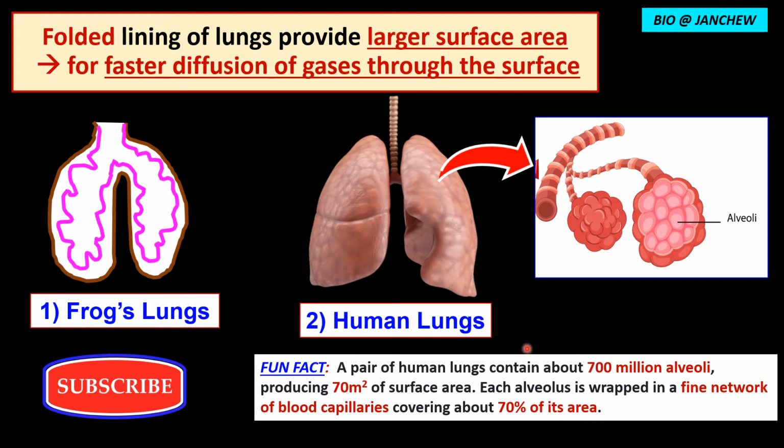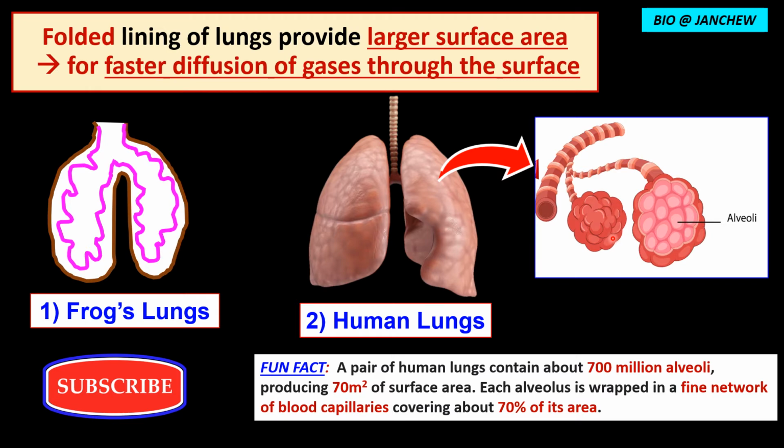Now, humans are more advanced than frogs, so their respiratory structures are more complex, and we have to be thankful that we have these alveoli, which are tiny air sacs grouped together like bundles of grapes. And do you know that a pair of human lungs contains about 700 million alveoli, producing 70 meters squared of surface area?